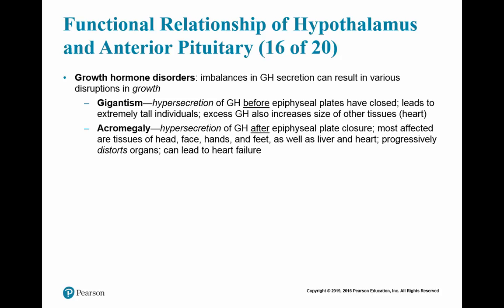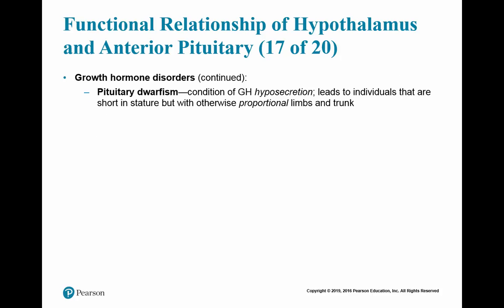If you have acromegaly, it happens after the epiphyseal plates close, and so it's going to affect your head and face and hands and feet, as well as some of your organs, which it can distort and change the shape of. There's also pituitary dwarfism, where you don't have enough growth hormone, so you're going to be shorter, but your limbs are proportional to your trunk.